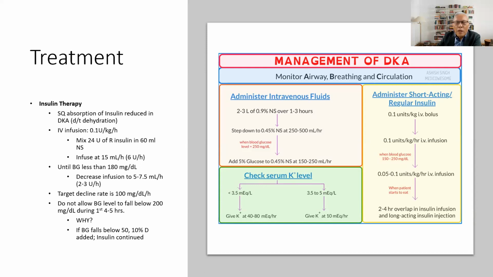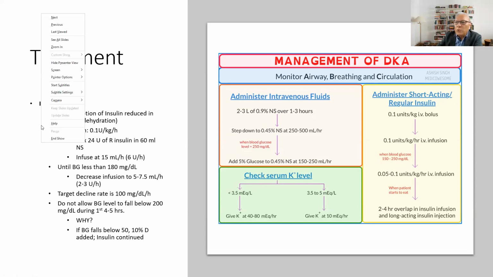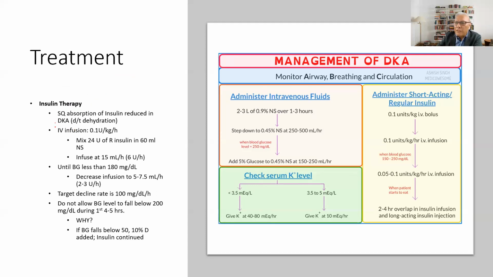Now, we do not want to use subcutaneous insulin because absorption through the subcutaneous route is reduced in diabetic ketoacidosis because of the dehydration. And therefore, using intravenous routes is preferable. Usually, you do not need to remember the concentration for the IV infusion, but usually we mix regular insulin in 60 ml of normal saline, and we usually infuse it at 15 ml per hour.